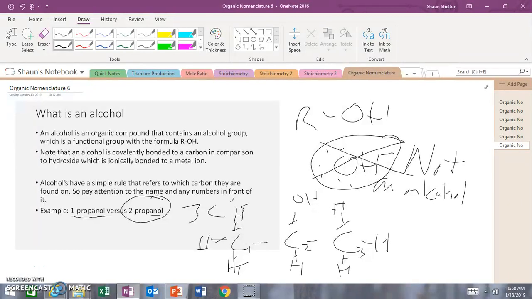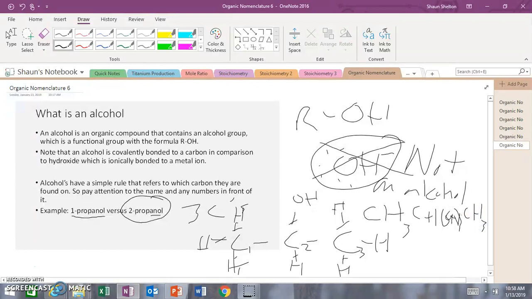Sometimes that can be confusing. Just write it out the way the Lewis structure is. So you got CH3, CH, OH in parentheses here, and then CH3 on the outside. So you have the first carbon, the second carbon, which has the alcohol group, and then the last carbon there. So let's do this 1-propanol right fast here.